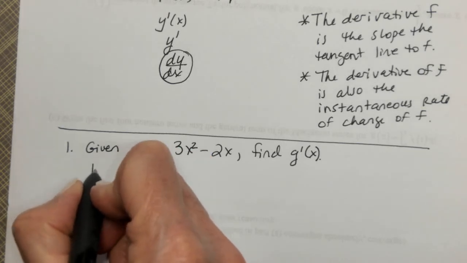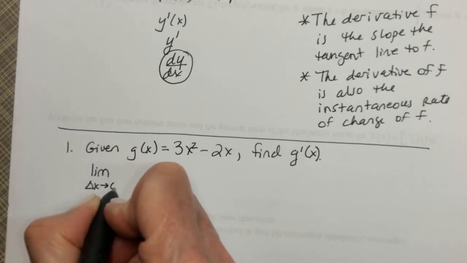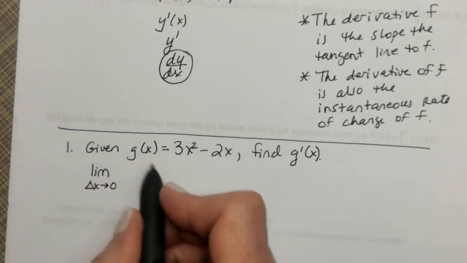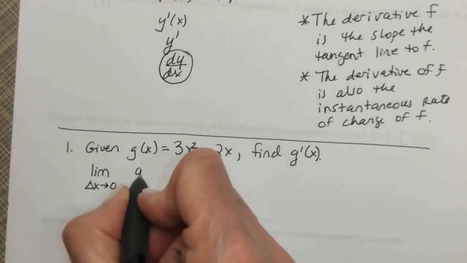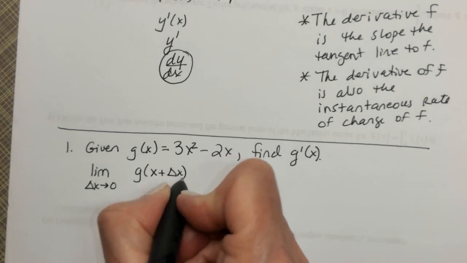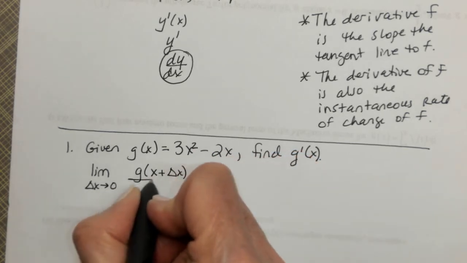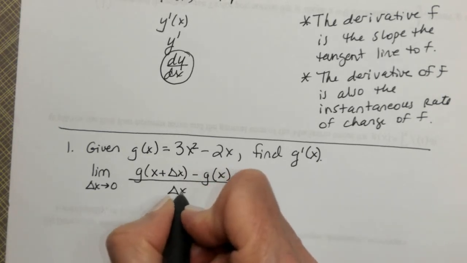The definition of derivative is the limit as delta x goes to 0 of, our function is g, so g of x plus delta x minus g of x all over delta x.